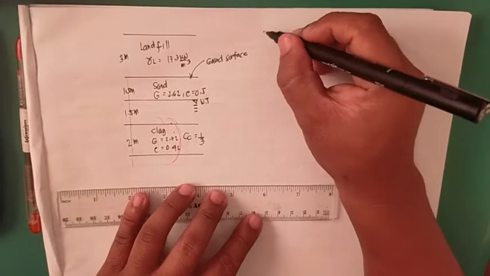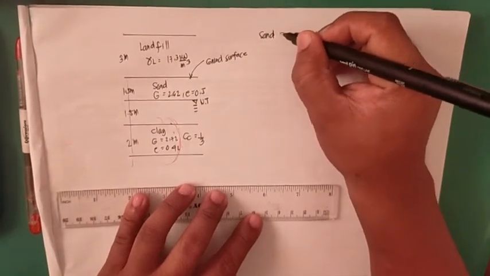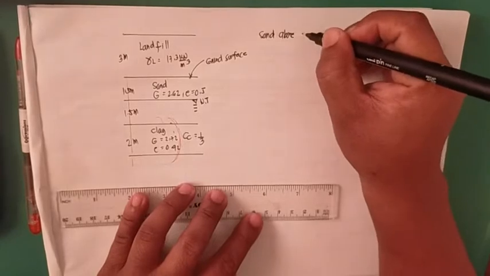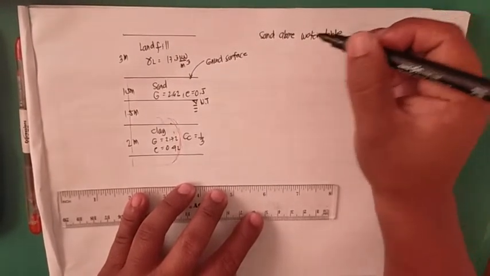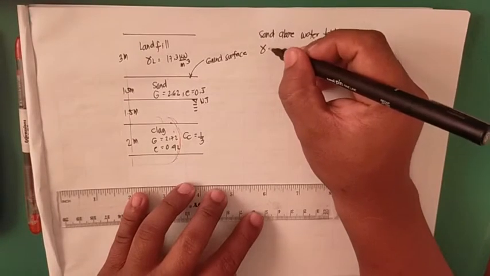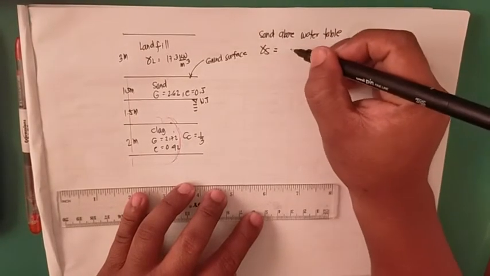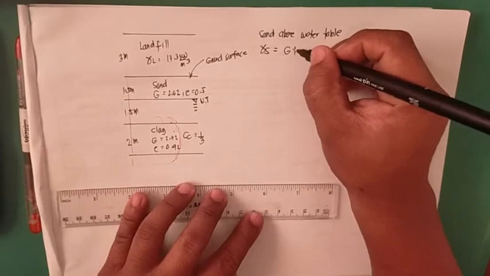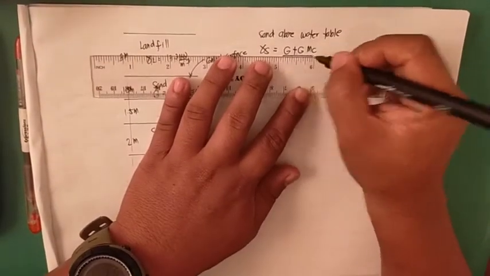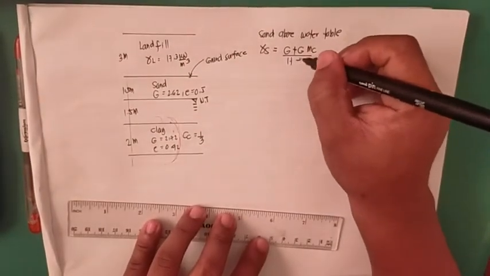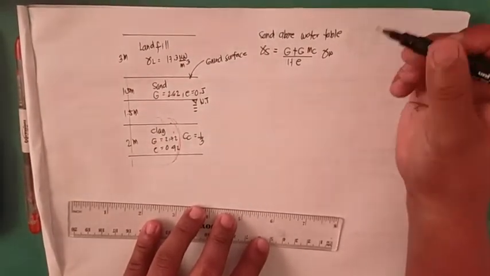So we have here the sand above water table. So gamma of sand is specific gravity plus Gs, wc over 1 plus e, gamma of water.